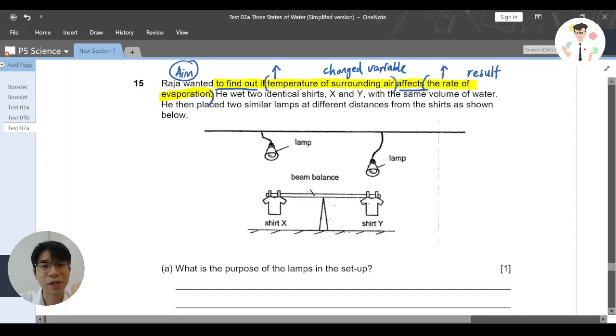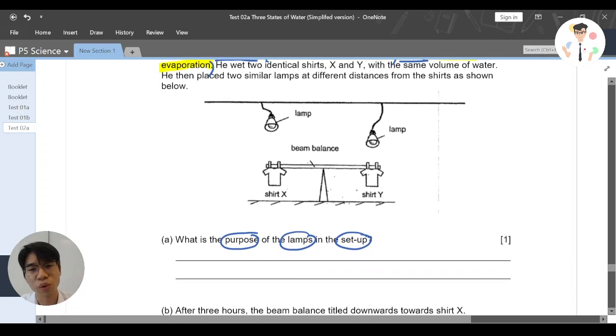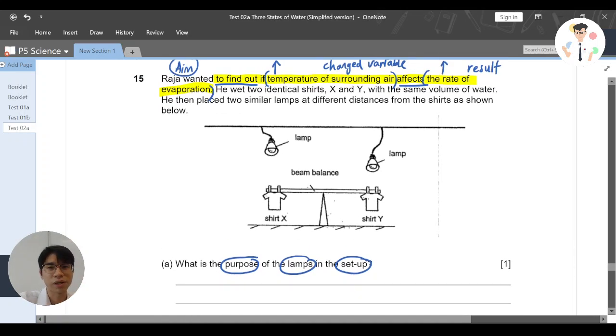He wet two identical shirts with the same volume of water. He then placed two similar lamps at different distances from the shirts as shown. So you can see that the lamp takes the role of affecting the temperature of the surrounding air, and the shirt takes the role of testing the rate of evaporation. Now A, what is the purpose of the lamps in the setup? Some of you look at the word purpose, then just write "to find out if temperature".